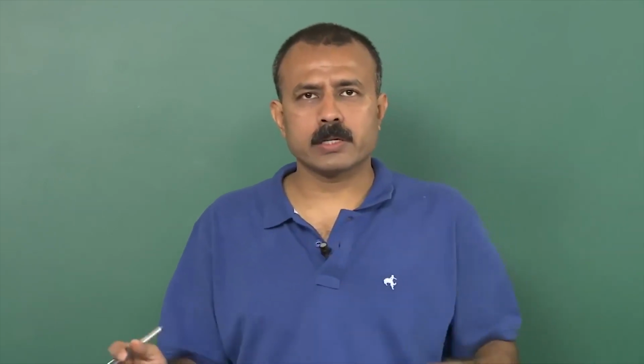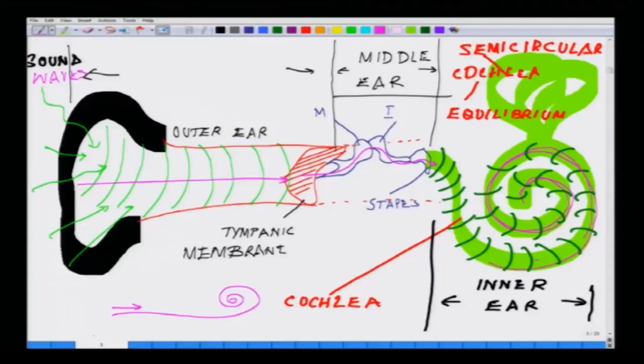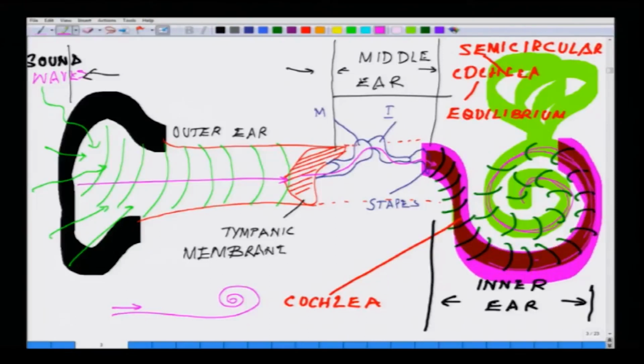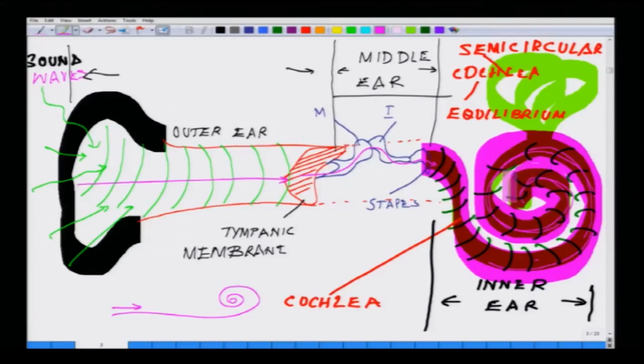And all those hair cells are located all along this track out here. This is the track where the hair cells are sitting. Okay.